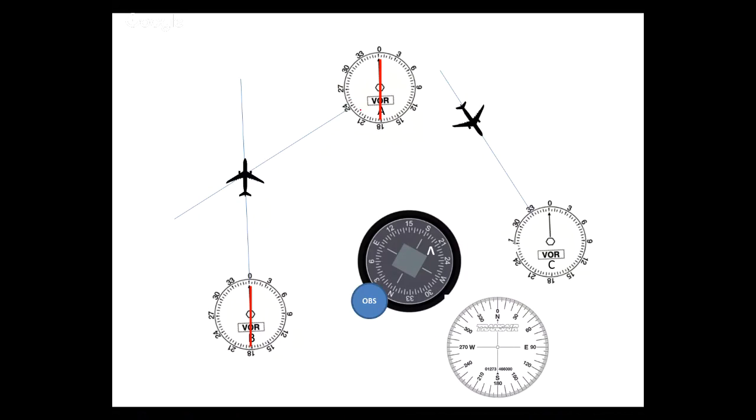So in this case, if these were my VOR dials and my airplane was exactly here where it's at, then I would tune in a course of 240 on this one, and a course of 360 or 0 on this one. And if I do so, the needles are going to center. Why? Because I'm on those respective radials.